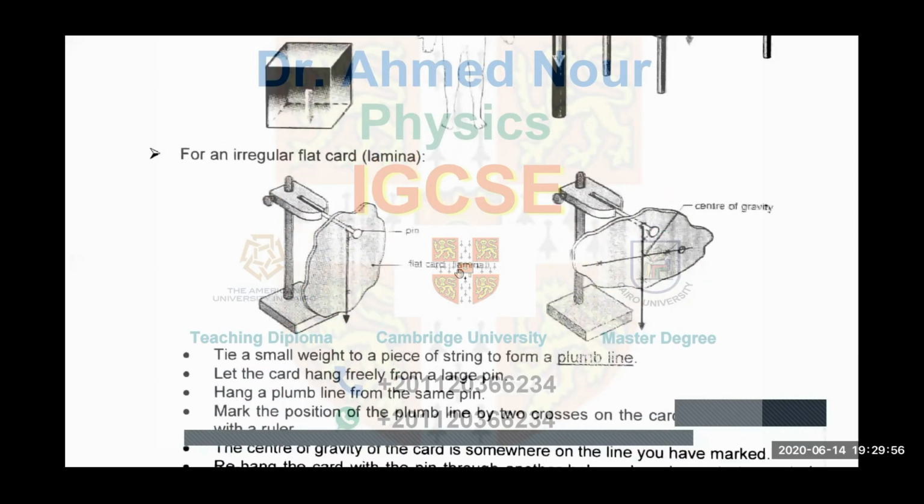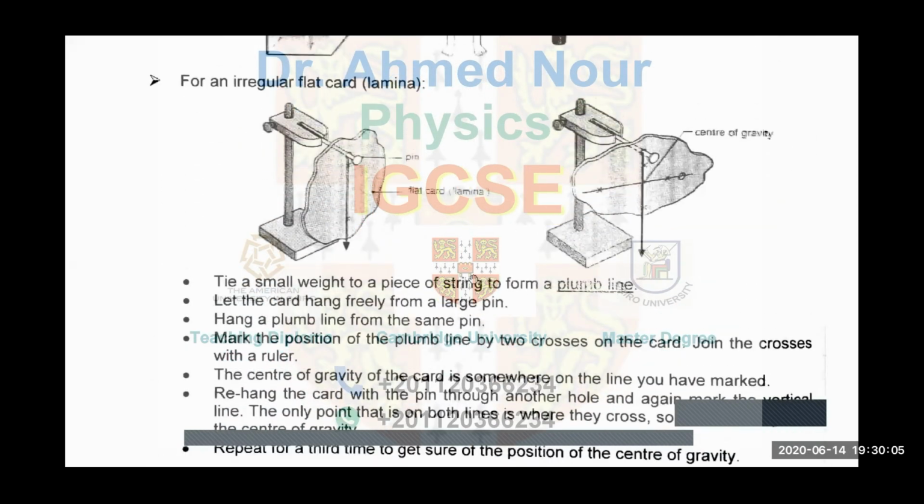If we have a regular object, let's take an example. If we have a flat card, what are we going to do? First, you hang this flat card and let it hang freely, and put the plumb line and let it hang freely also. Then mark the line with a pencil. This is the first step.